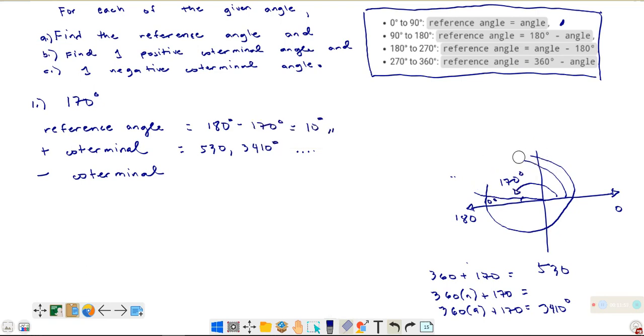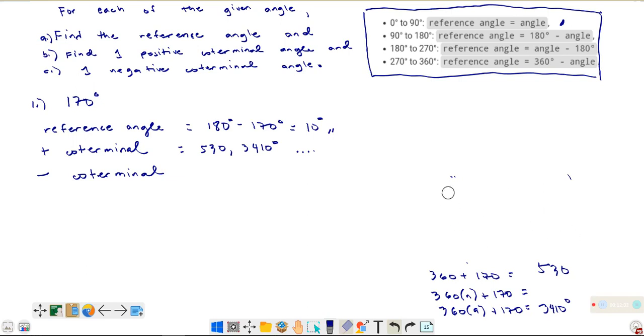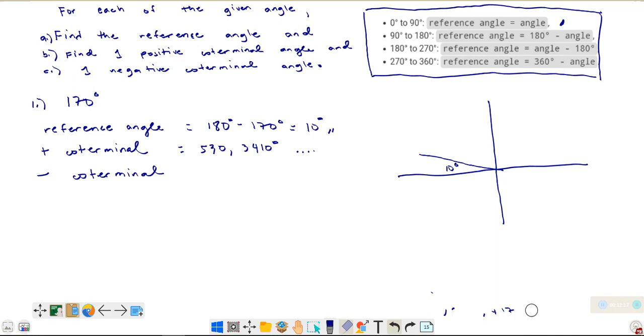So, for negative angles naman, again, this is the 170-degree angle that we have. Pag kukuha naman tayo ng negative coterminal sa kanya, clockwise motion naman. So, we have here the complete negative 180 degrees.